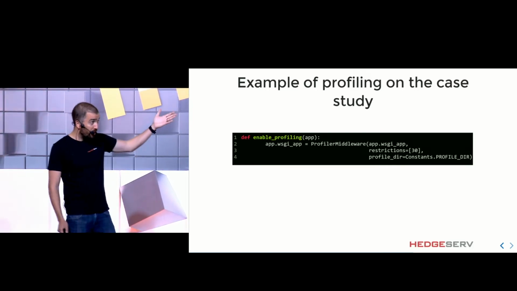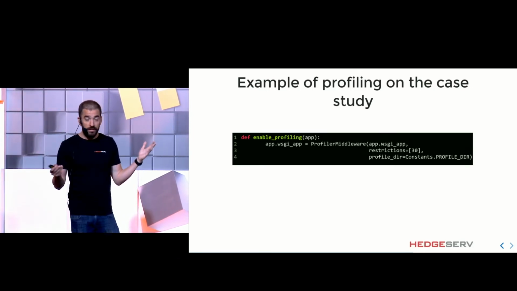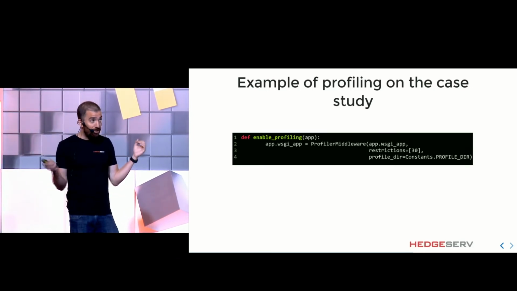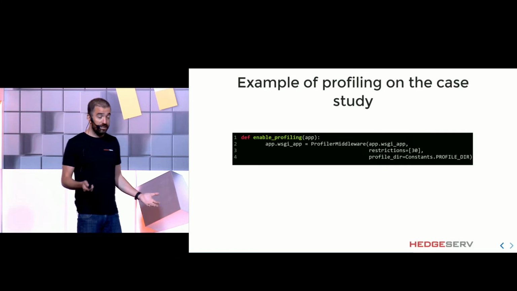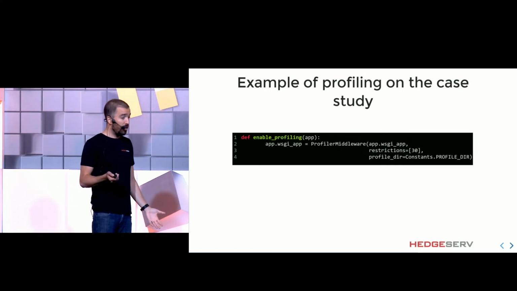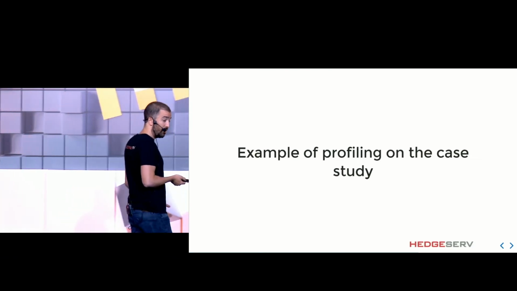So with just one line of code, you can add a middleware in there, and it will profile every single HTTP request, give you lots and lots of data about what the issue is. So after all this, it wasn't that hard. So let me go in there and do some profiling.